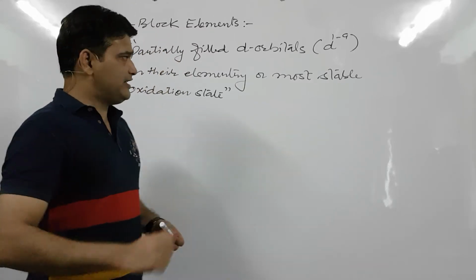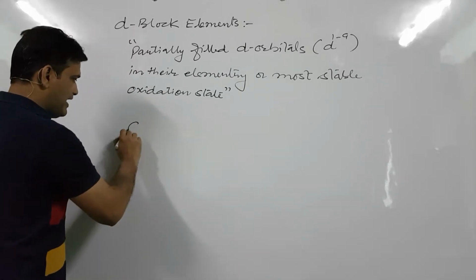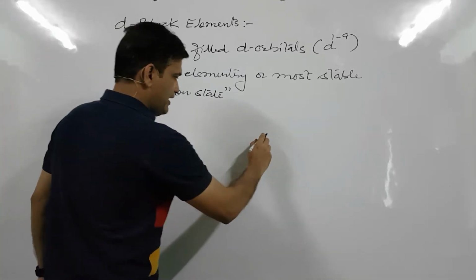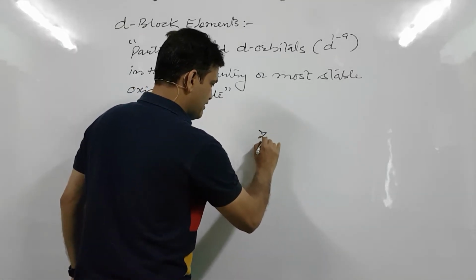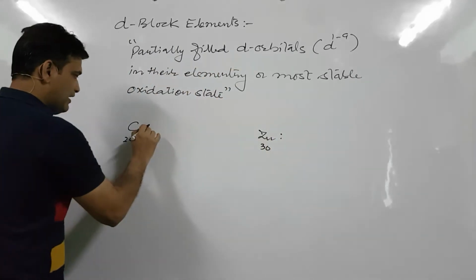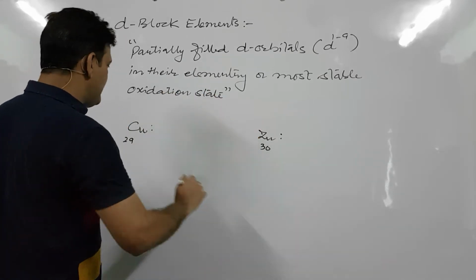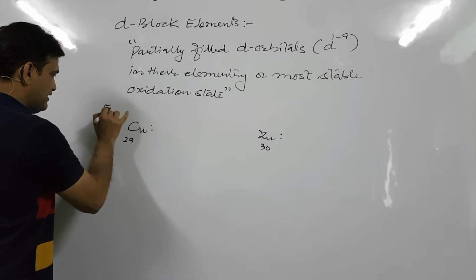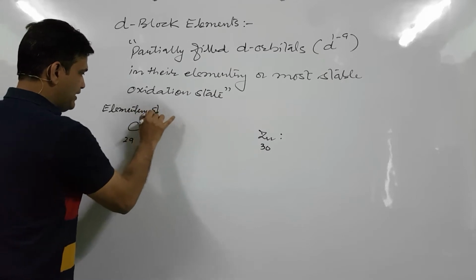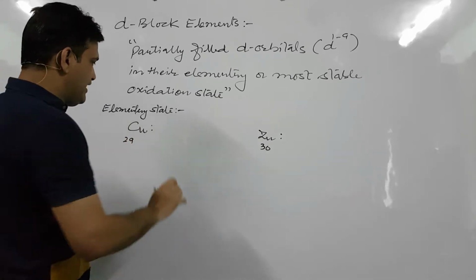Let us study this definition with the help of some examples. We have copper with 29 electrons and we have zinc with 30 electrons. Let us write their electronic configuration in the elementary state. Copper has 29 electrons.